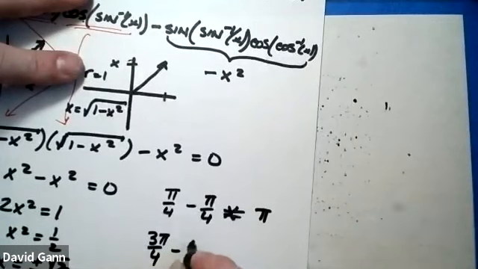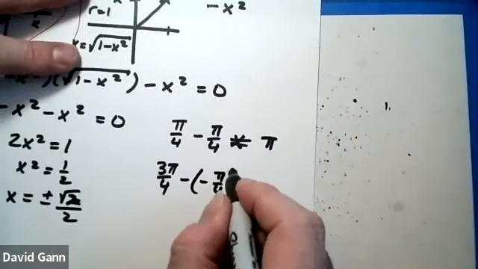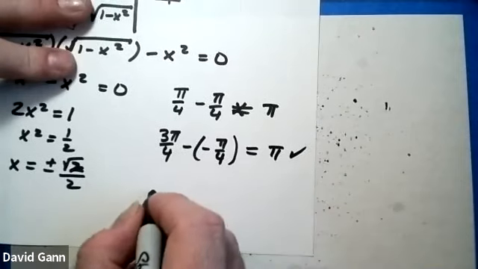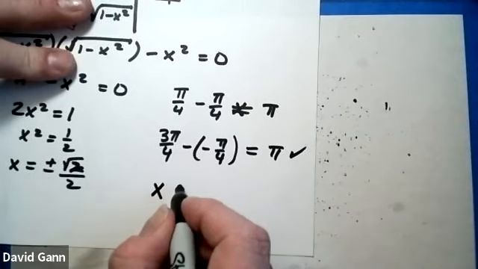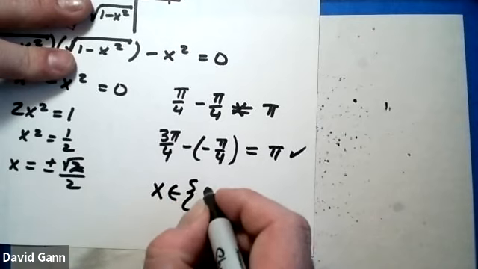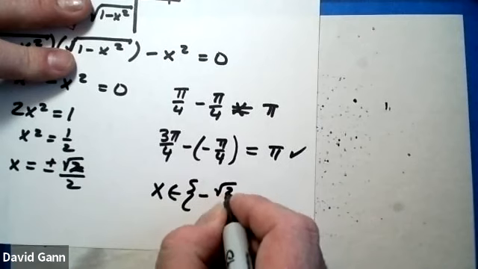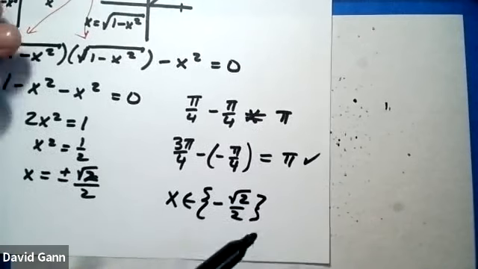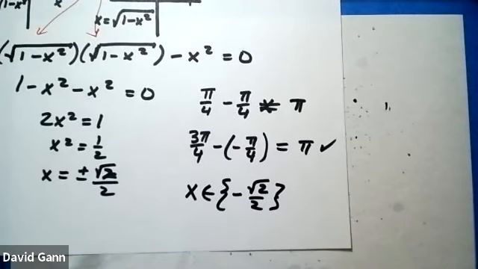So it's minus a negative pi over 4, which happens to equal pi. And so that one checks. So our net result is that x is an element of the set that contains the negative square root of 2 over 2. And that's just foolishly complicated set notation.